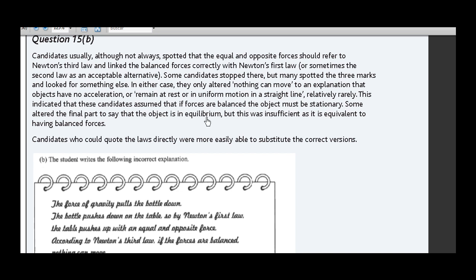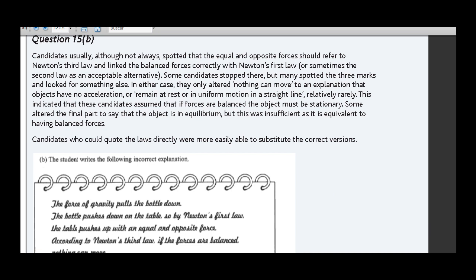In any case, they only altered "nothing can move" to an explanation that objects have no acceleration or remain at rest or in uniform motion in a straight line. That was done relatively rarely. So this indicated that these candidates assumed that if forces are balanced, an object must be stationary. Some altered the final part to say that the object is in equilibrium, but this was insufficient as it is equivalent to having balanced forces.